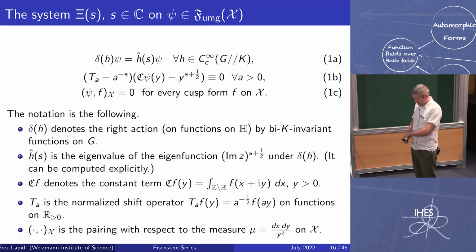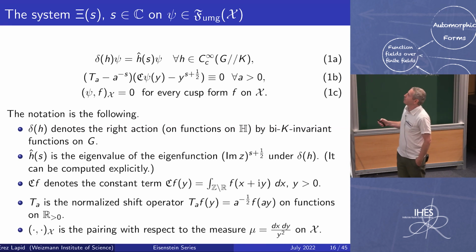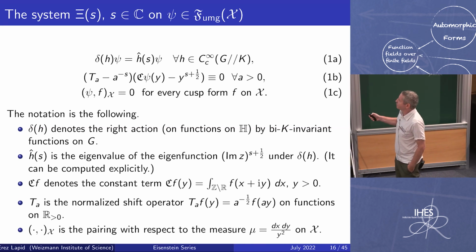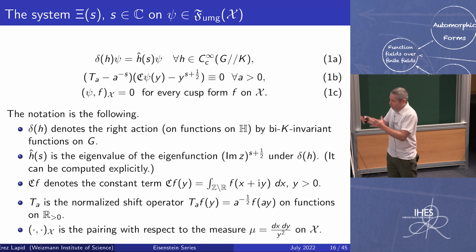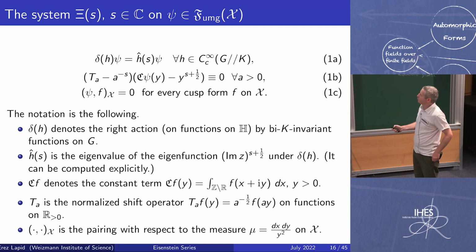The first equation is that if I convolve, so psi is the solution that will be the Eisenstein series, if I convolve by a function h, to make sense of it, because I only deal with functions on G mod K, I need the function to be K-invariant. So this is meaningful.